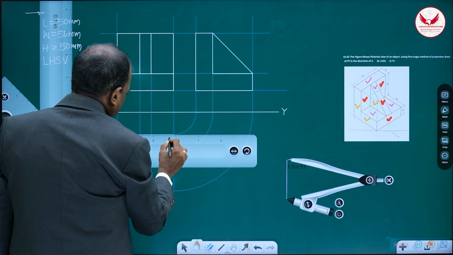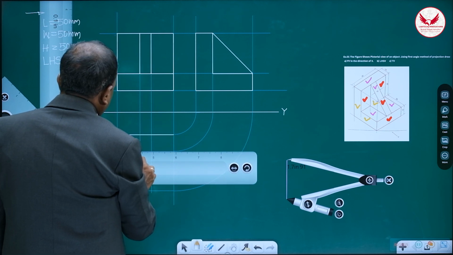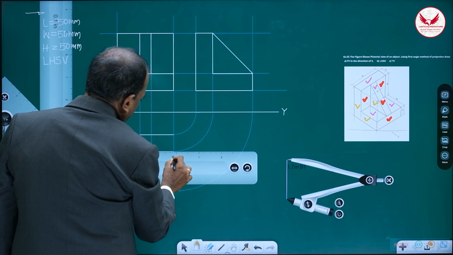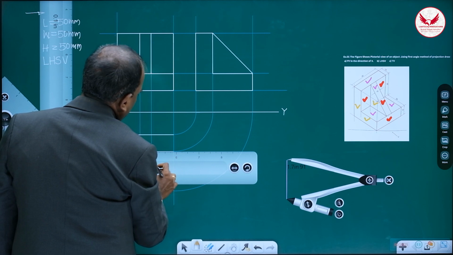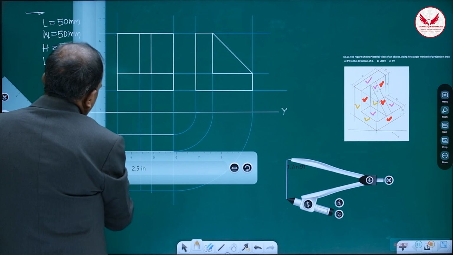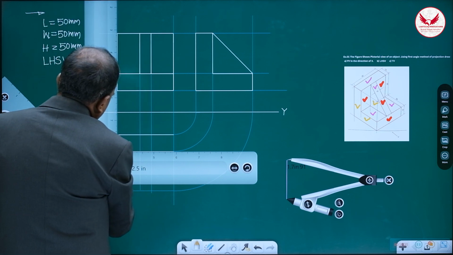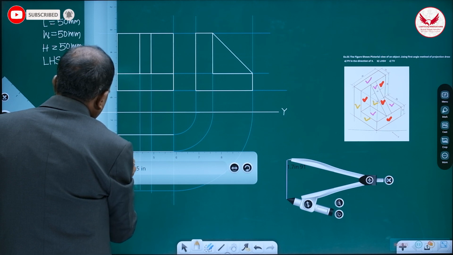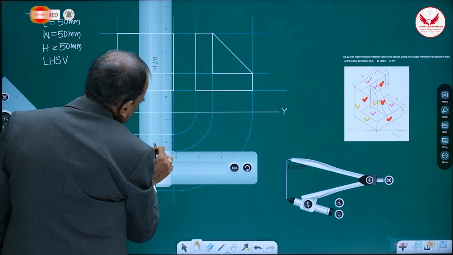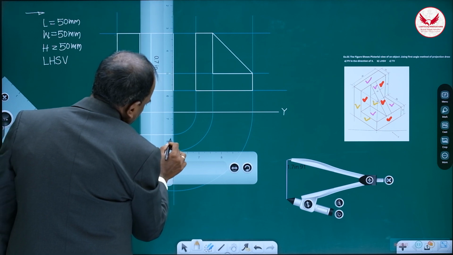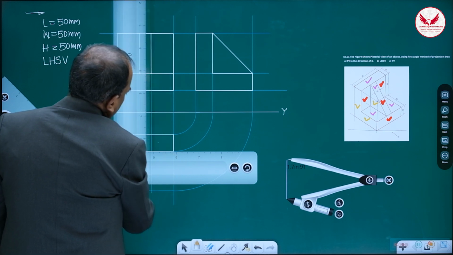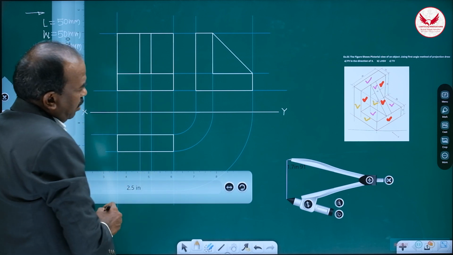So it is 15, 50, it is also 50. Then with the help of this, you can mark this 15. So this is the first rectangle you can see.